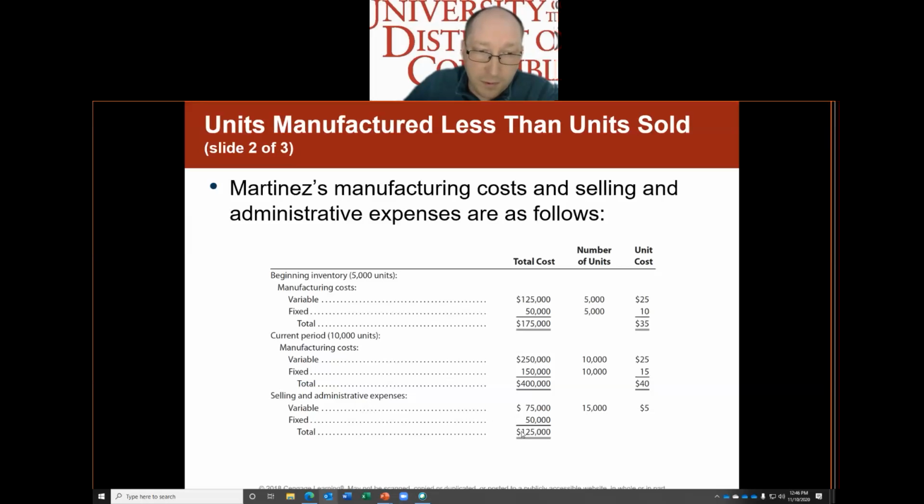Then we have the selling administrative expenses. $5 went to variable because, as you know, we separate them out based off of the variable costing method. $5 times the 15,000 units sold equals 75,000 variable cost. The fixed costs were 50,000, giving us a total cost of 125.